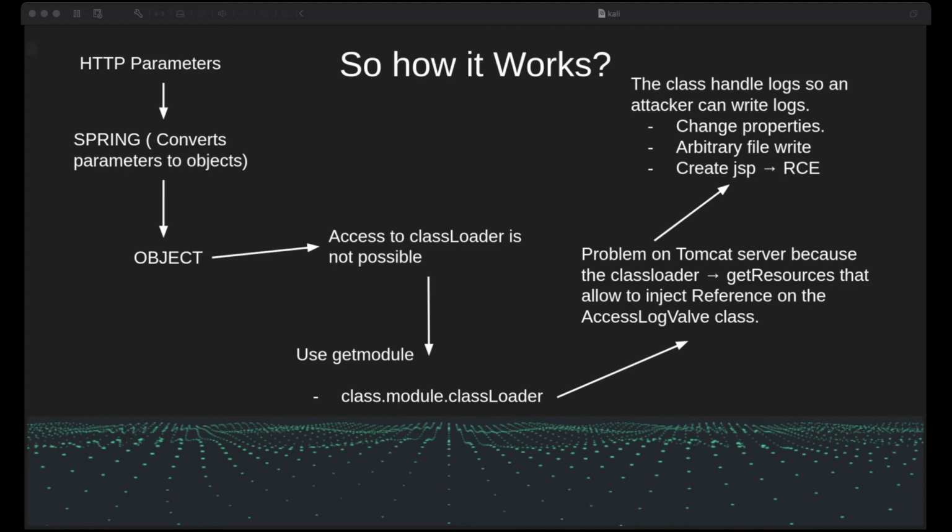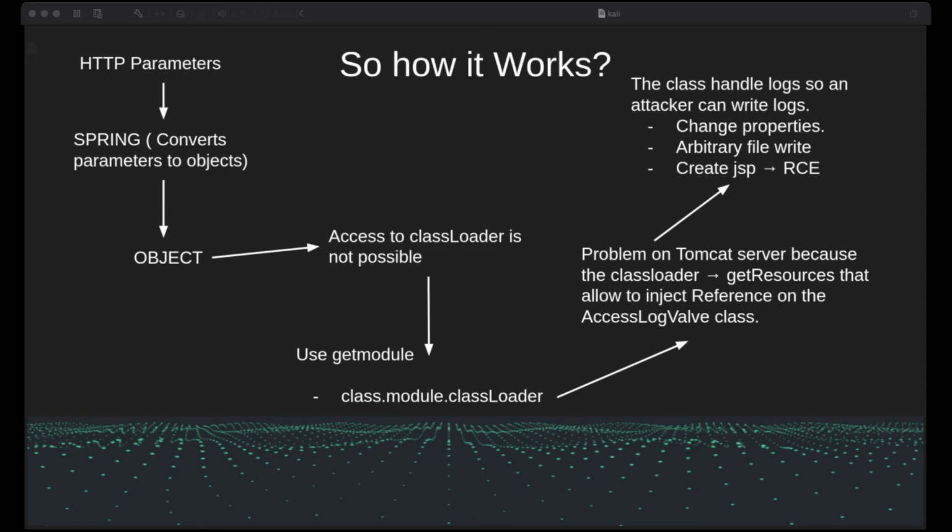I understand that it could be a little tricky to understand what the POJOs are, and how these parameters are converted into objects through the binding of parameters on these POJO classes, but we can understand this vulnerability on Spring also using a Tomcat web server. For example, we can find a POST endpoint on this Spring application.